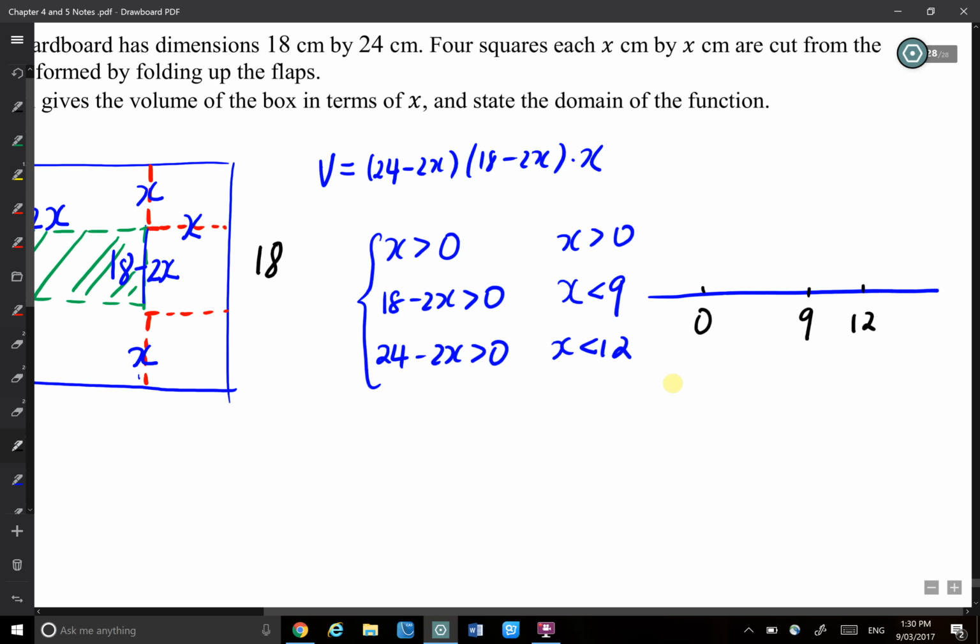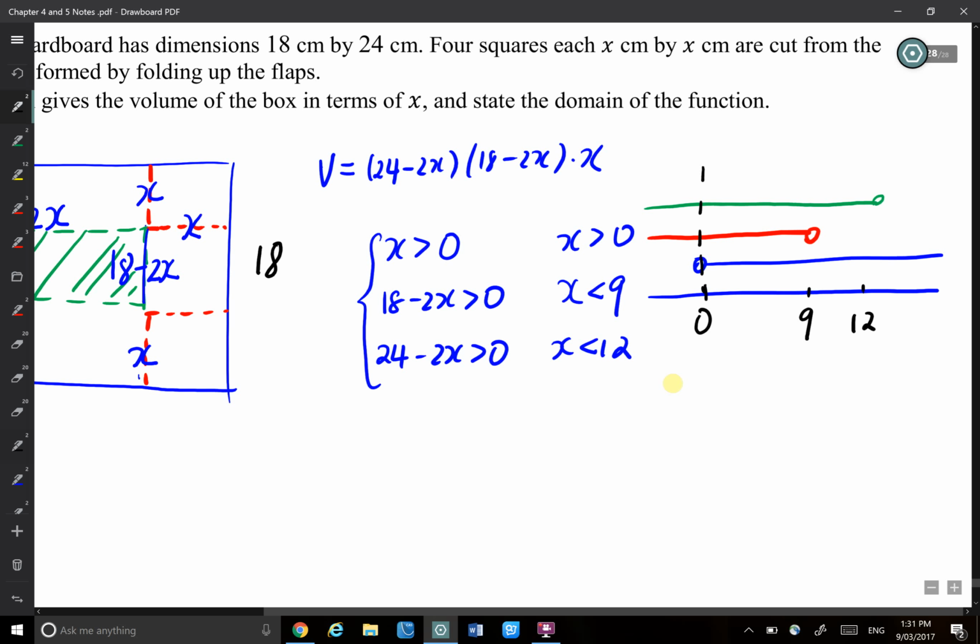So x greater than 0, let's use this blue. Open circle all the way to the right. And smaller than 9 will be this red one all the way to the left. And 12 will be this green one all the way to the left. You can see which part of the graph has 3 colors.